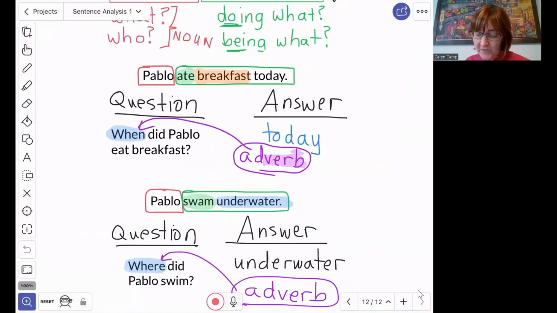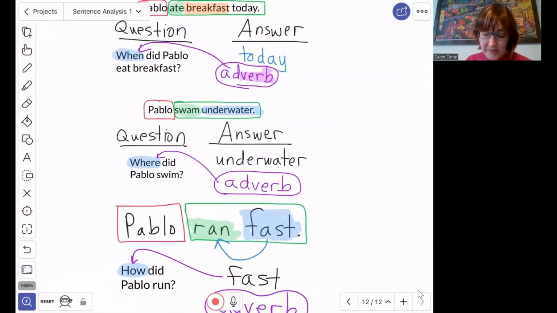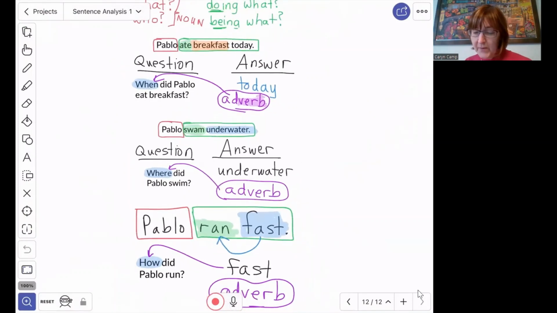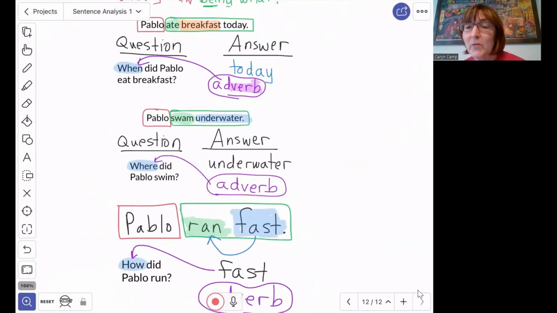Okay, so if you find a question that begins with when, where, or how, and you can answer it with one word, and we're talking about more information about the action, we're probably looking at an adverb. But a lot of times in a sentence, we want to answer that question with more than one word.